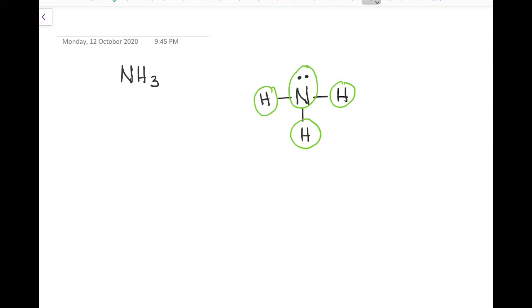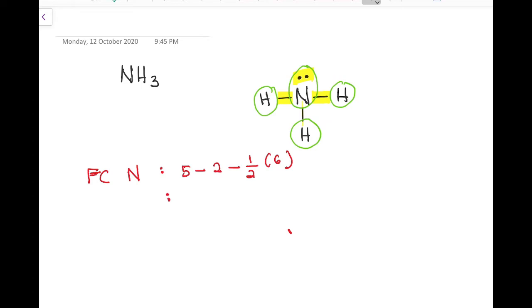So let's find the formal charge for nitrogen by applying the formula. FC represents the formal charge. The total number of valence electrons for nitrogen is 5, minus the lone pair, which is 2, minus half of the bonding electrons. Nitrogen has 3 bonding pairs, 1, 2, 3, so half of 6 electrons.